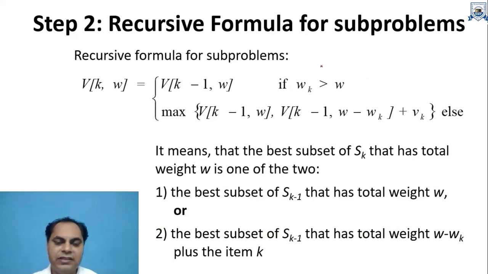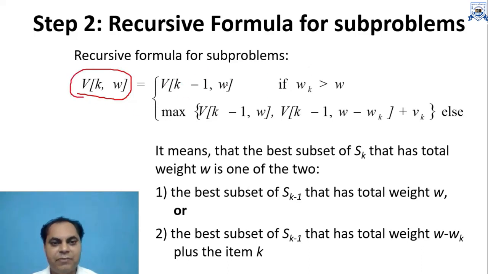In this step, we show that the solution of the problem depends on the solution of the subproblem. That means if we want to find the optimal solution of the original problem, then first of all we have to find the optimal solution of the subproblem. Let's say V[k,w] denotes the value of the optimal solution.